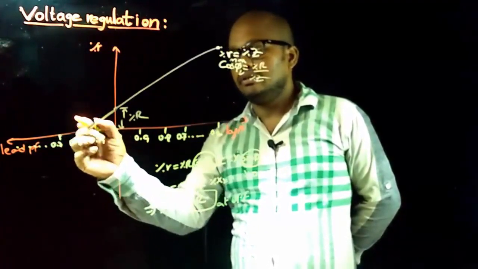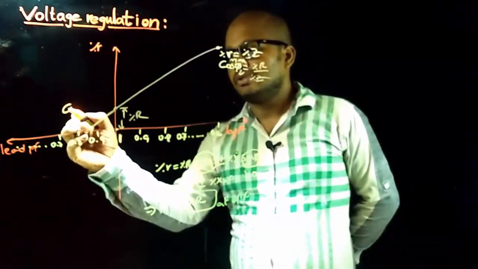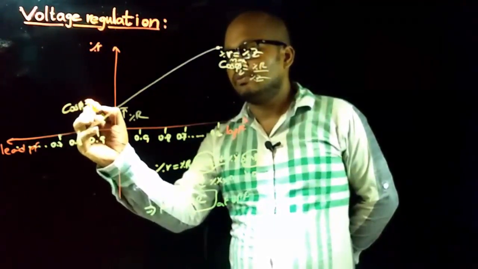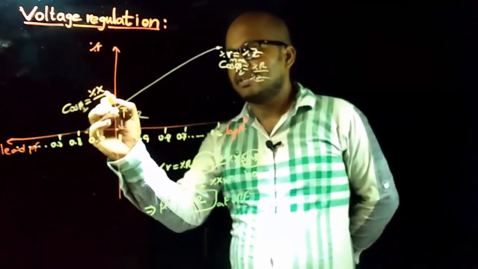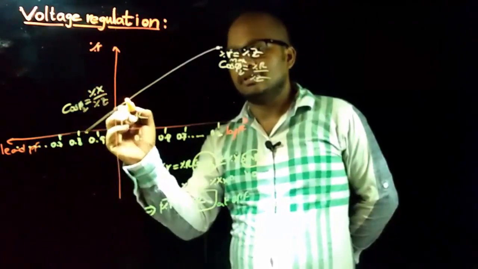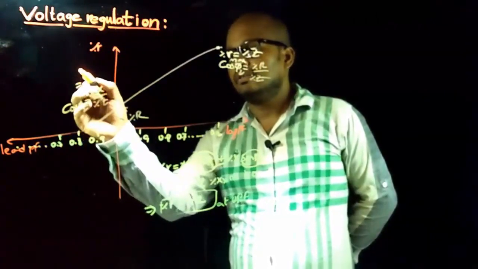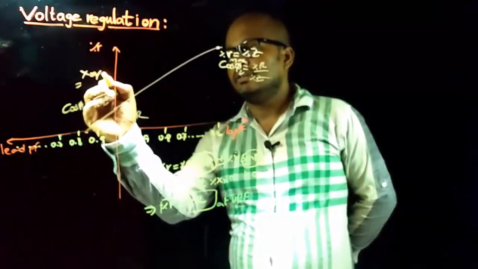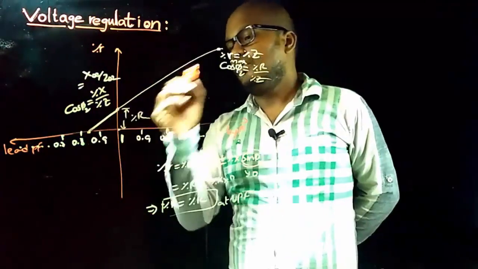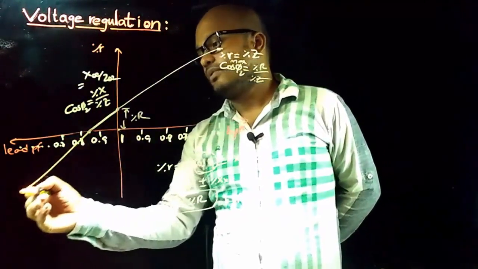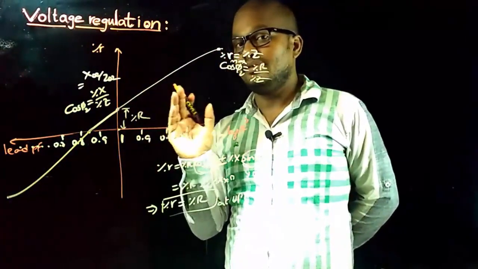And here the power factor cos phi 2 is equal to percentage X by percentage Z, that is X02 by Z02. Therefore, this is the graph of percentage regulation of a transformer.